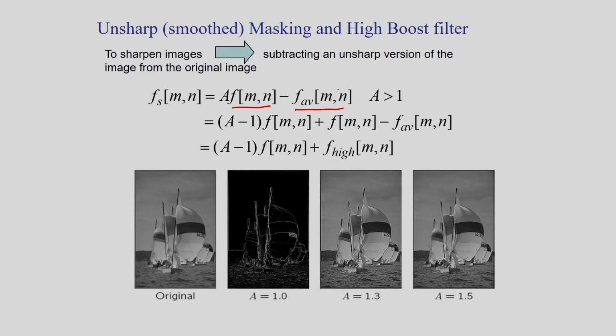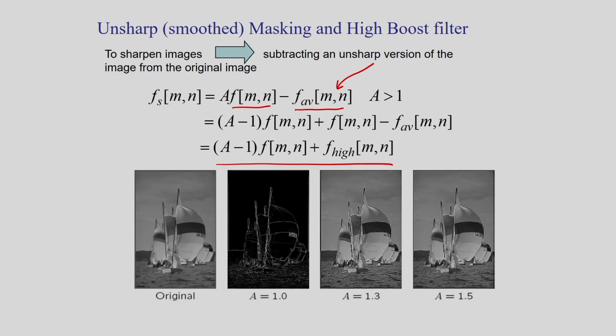The unsharp version of the image means the average image I am considering. And after this you can see this operation, so I can write it like this: (A minus 1) f(m,n) plus f(m,n) minus f average, and finally I will be getting this expression: (A minus 1) f(m,n), that is the original image, and after this f high(m,n), that is the high frequency image.